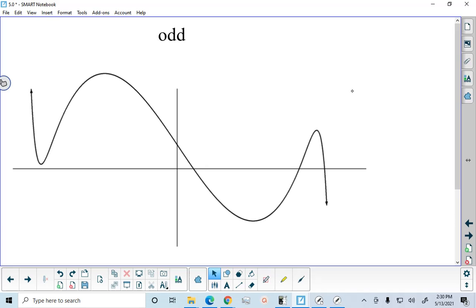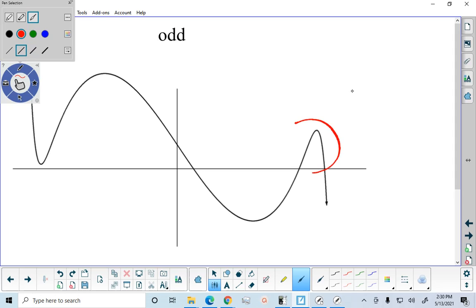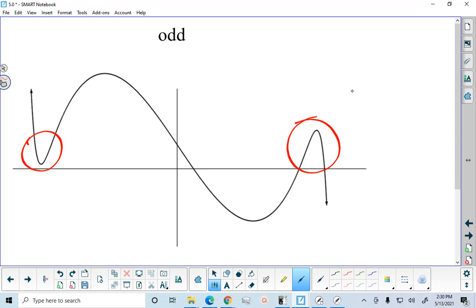It's got to go through the origin. You can tell it's not odd because the part on the right has a piece that's above the x-axis, and the corresponding kind of sister region to it is still above. It's got to be opposite in every way.